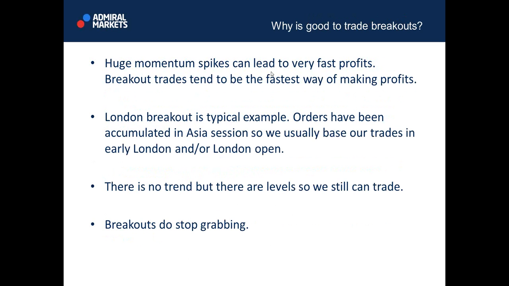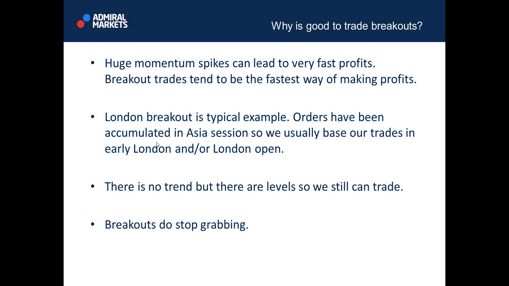Huge momentum spikes can lead to very fast profits. Breakout trades tend to be the fastest way of making profits if you do it on trigger-happy trades. I will show you later a trigger-happy trade. London breakout is a typical example.